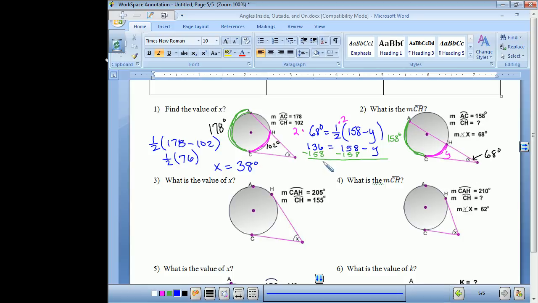So this gives us negative 22 equals negative y. And if we divide both sides by negative 1, we get y equals 22. So y is the measure of CH. So the measure of arc CH is 22 degrees.